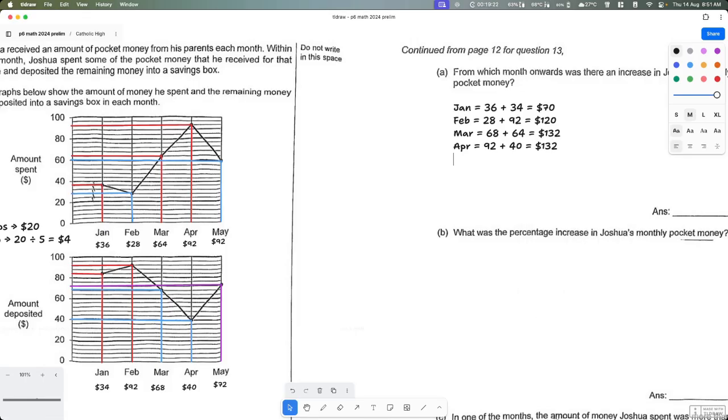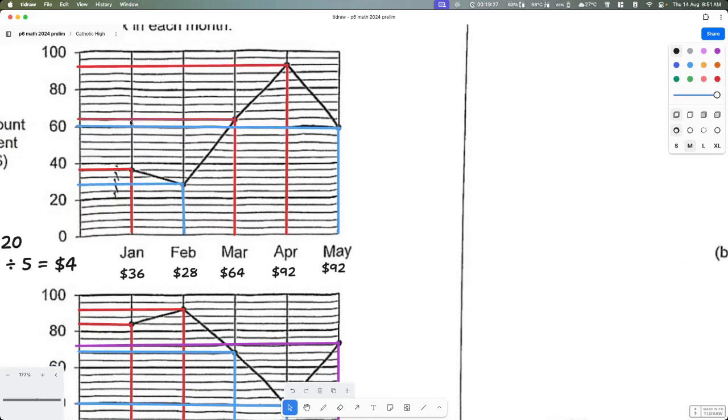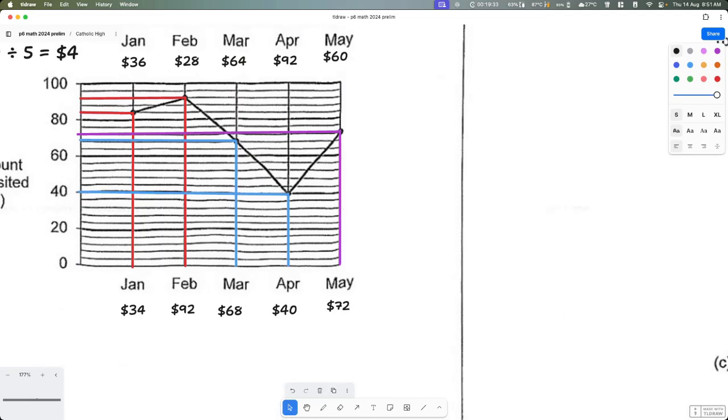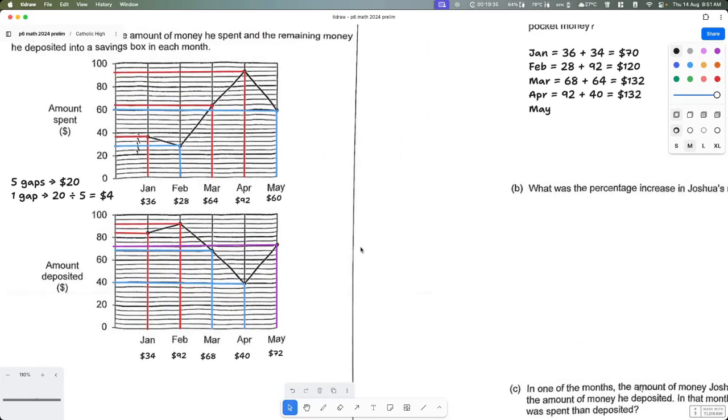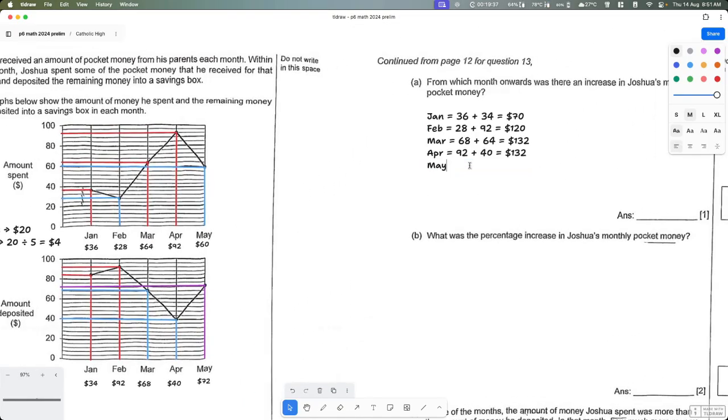And lastly we have May. May is not 62, May is $60 in the amount spent, and $72 saved. So 60 plus 72 is $132.